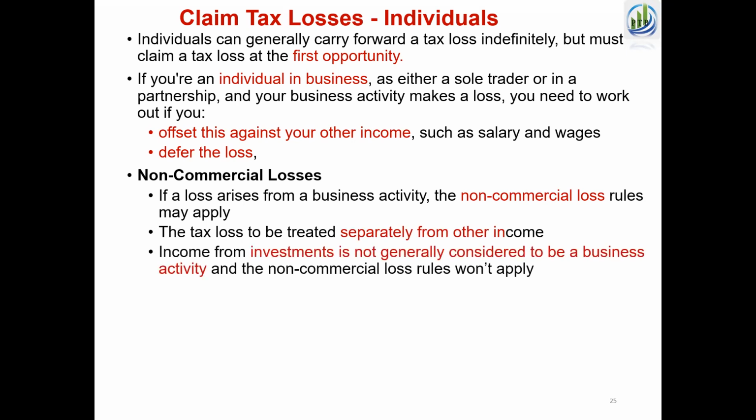The tax losses normally. So remember the investment income. Last week we talked about rental property income. The rental property does not come under this rule. That's called negative gearing. We don't need to do any test. If you make a loss from the rental property, you can immediately deduct it from your income tax, as we said last time.